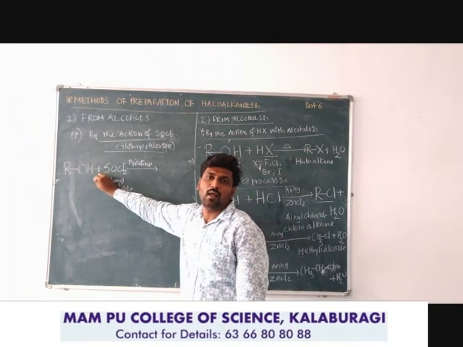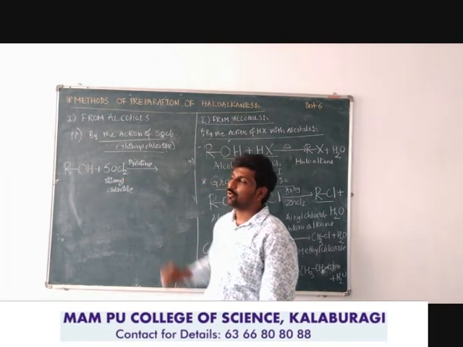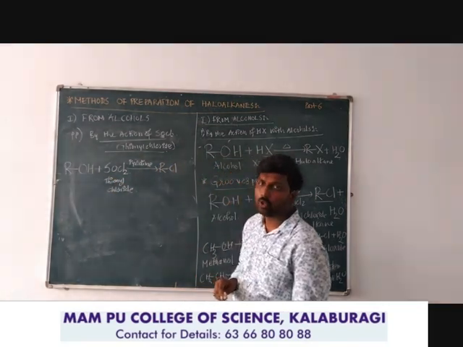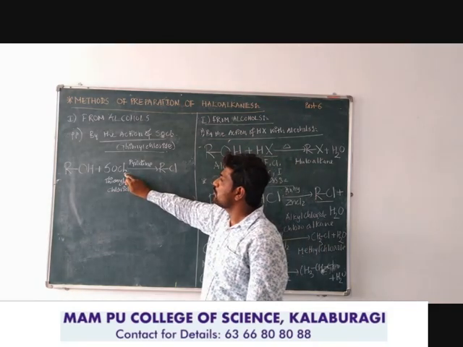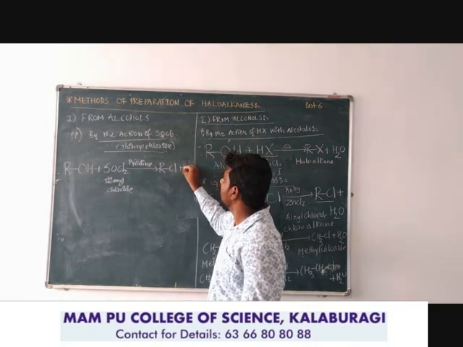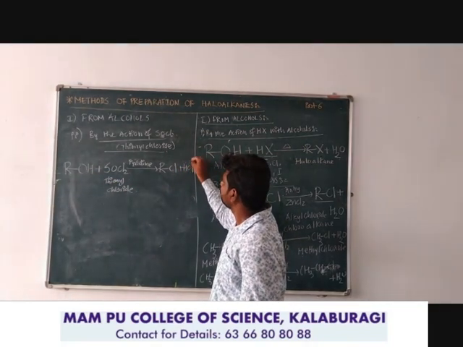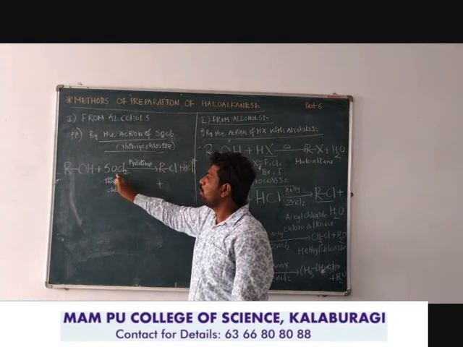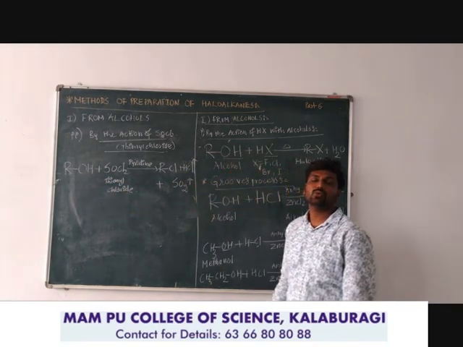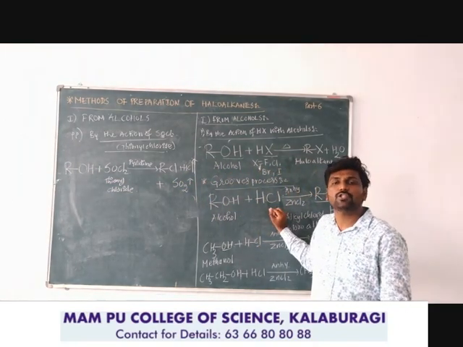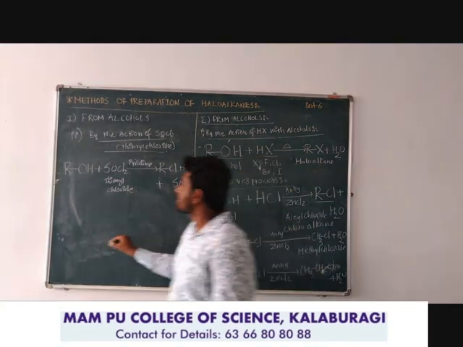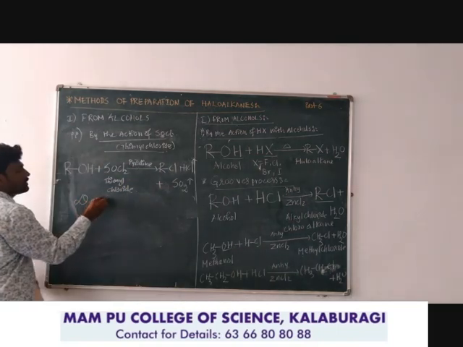The OH of this alcohol is replaced with the Cl of the thionyl chloride, so we are getting alkyl chloride again. One Cl is removed, that Cl will react with the hydrogen atom of the OH and convert into HCl gas, plus this SO and another oxygen combine together and convert into SO2. So HCl and SO2 are the two gaseous byproducts obtained by the action of thionyl chloride with alcohol, and this process is known as Darzens process.